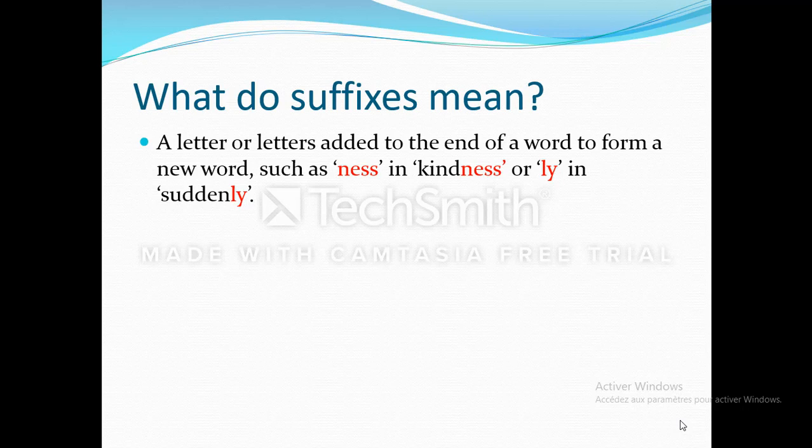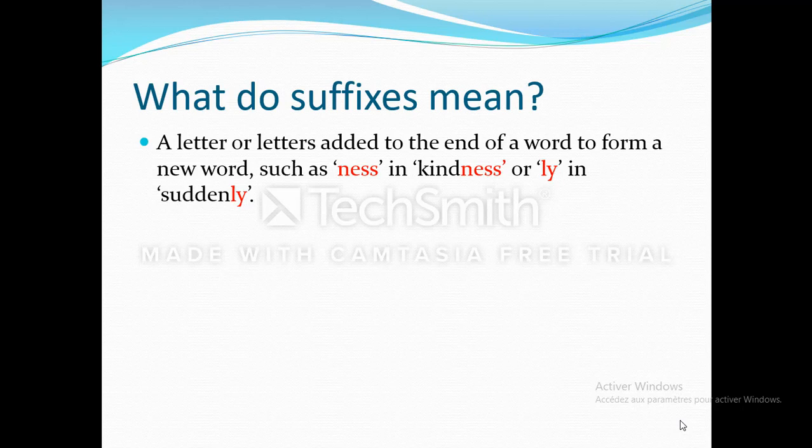To change the form. If you remember the last video, you have seen prefixes. As I said before, we add prefixes to the word to change the meaning. I will give you an example.